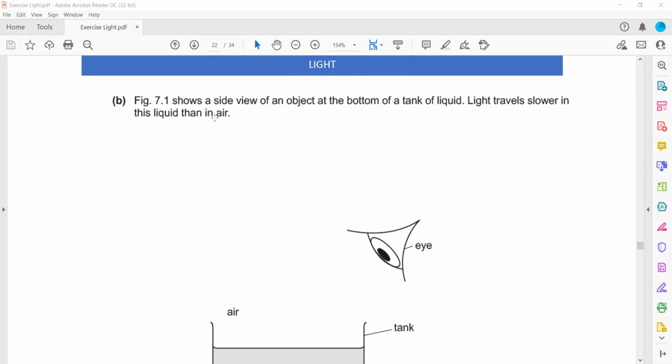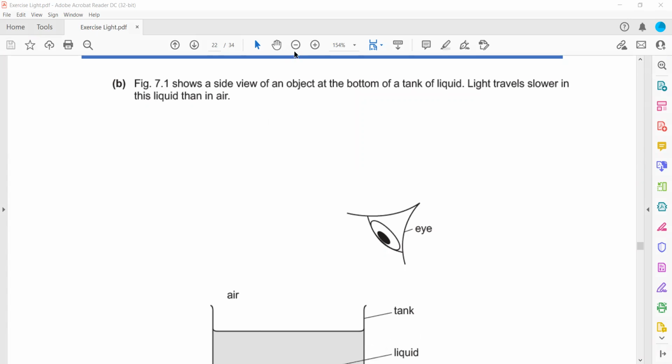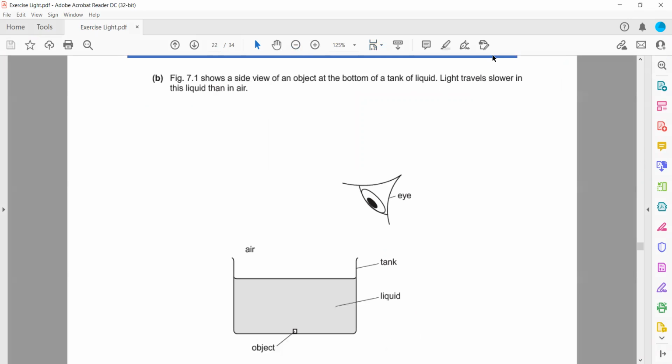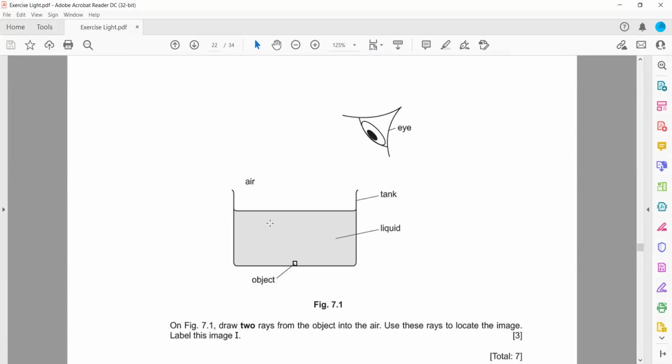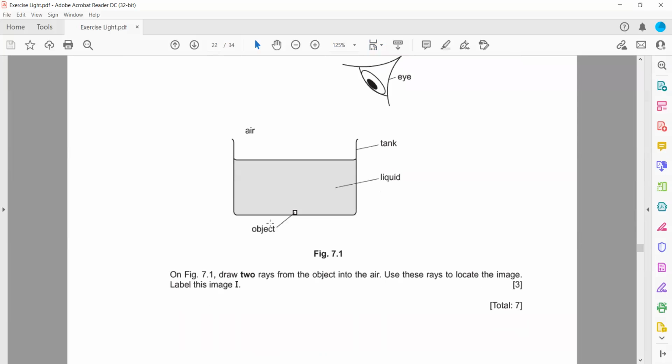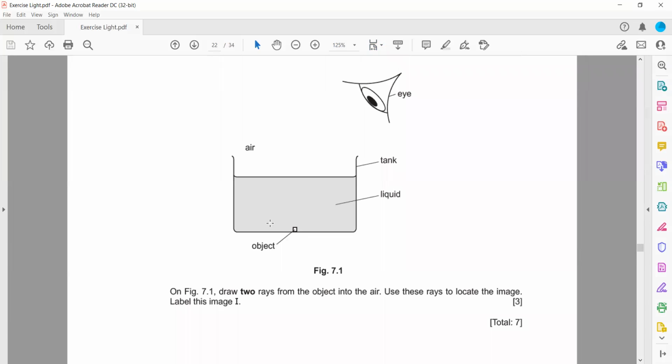In this question, figure 7.1 shows a side view of an object at the bottom of a tank. The light travels slower in this liquid than in air. On the figure, draw two rays from the object into the air and use these rays to locate the image.